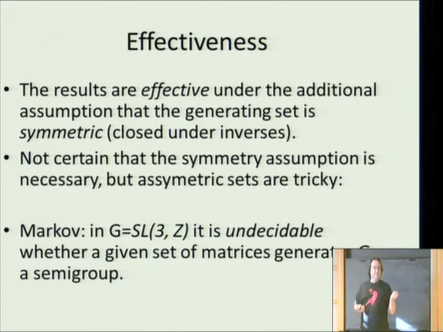So what does it mean for a given set? Well, presumably there are some sets for which you can decide, but there are some sets for which you cannot. You can find a set of generators for which you cannot decide whether it generates the group or not. Notice that it's very bizarre, because, for example, it will generate any finite quotient.